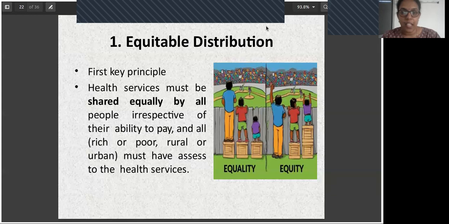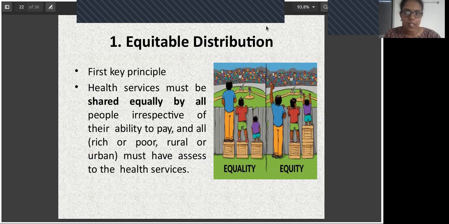Equality is providing an equal share to everyone, taking no consideration of their background or any other parameters.